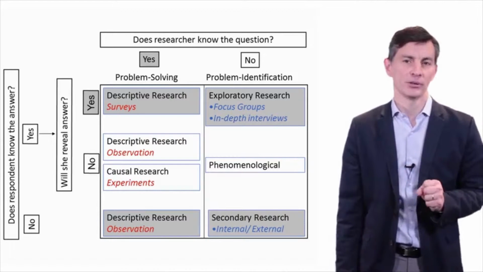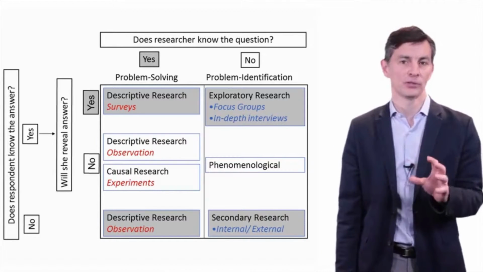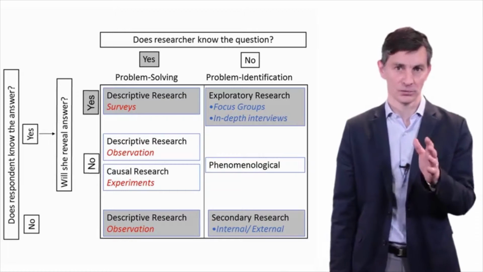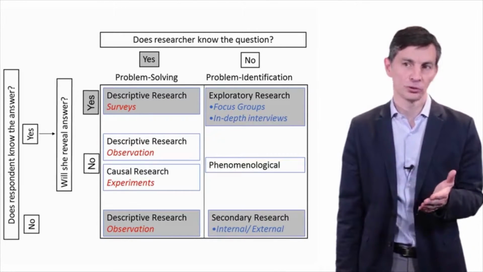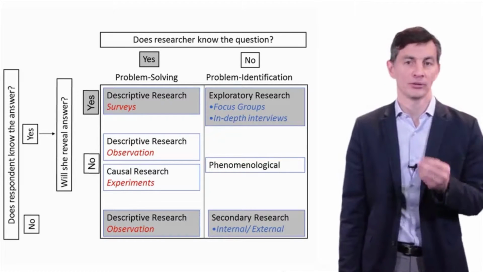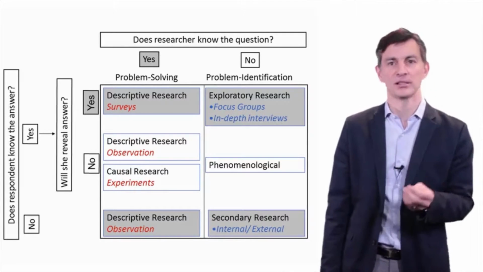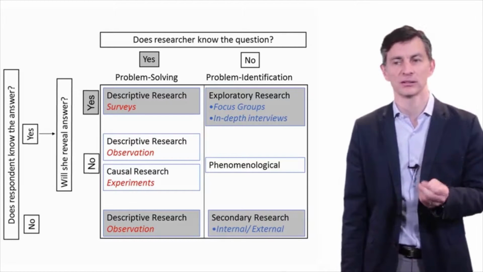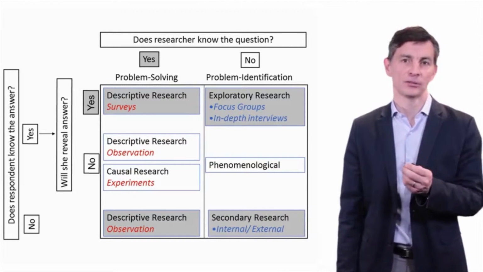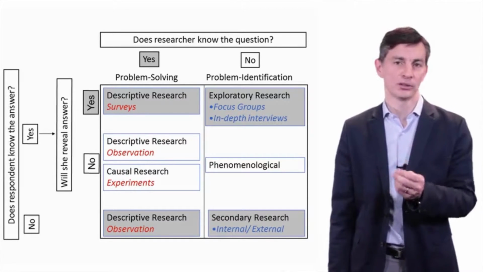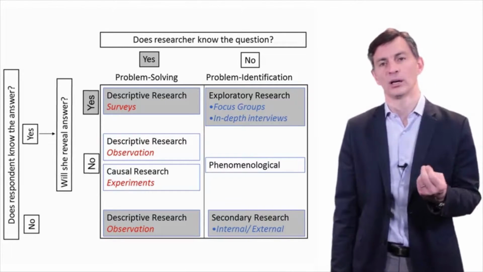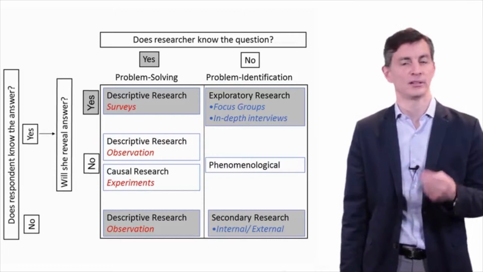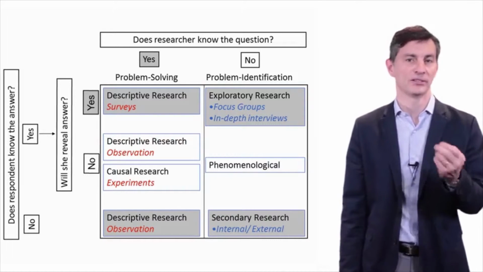Within each one of these methods, I have only listed the most commonly used, such as surveys, in-depth interviews, focus groups, observational methods and experiments, or A/B testing these days more referred to in a web context, and access to secondary research, either from internal, company-owned customer base, or external providers such as Nielsen, Ipsos, Kantar, etc.